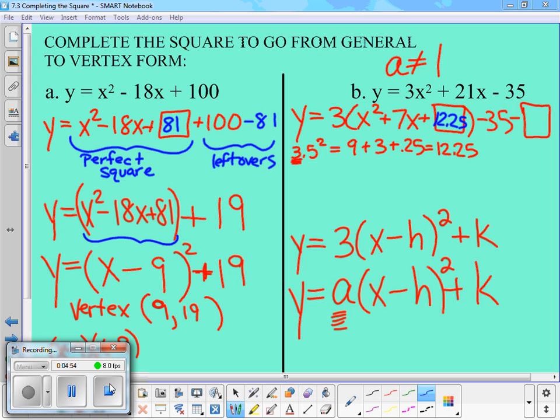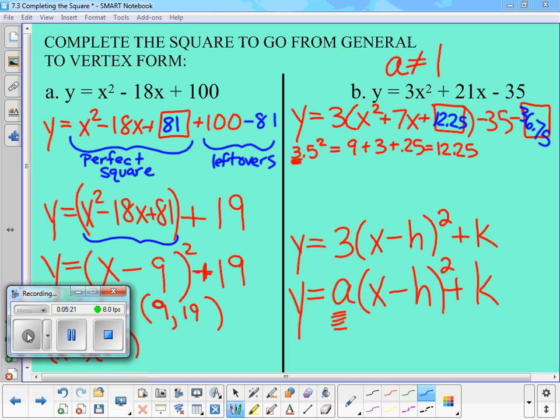You need to subtract 3 times that amount. So that would make it 36.75. That's what you need to subtract. Okay? The equation's still balanced. We took away what we added, and we're really close. All right? We're close to the final solution here.